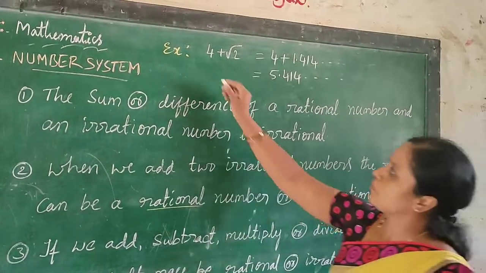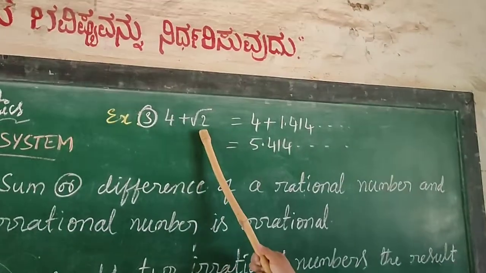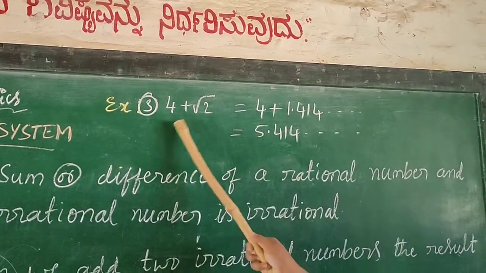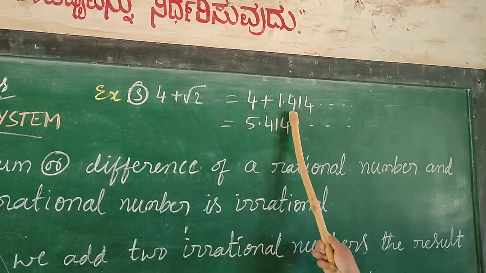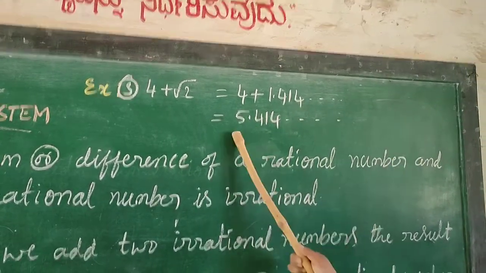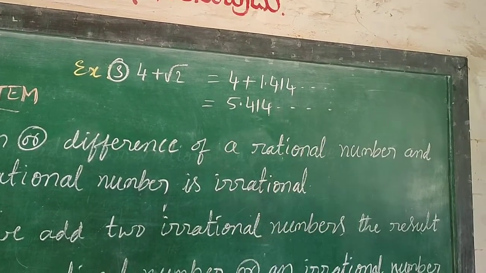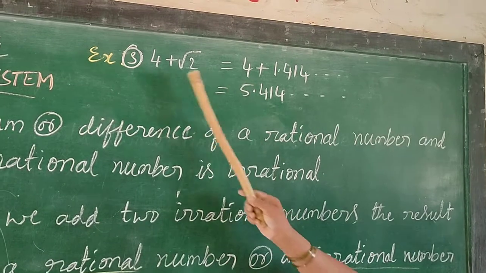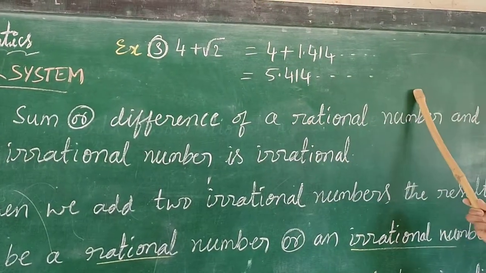Coming to the third example, here we add 4 plus root 2. 4 is a rational number, root 2 is an irrational number. The value of root 2 is what? 1.414 etc. So you can add 4 plus 1.414, we get 5.414. So if you add rational plus irrational, then we get what?